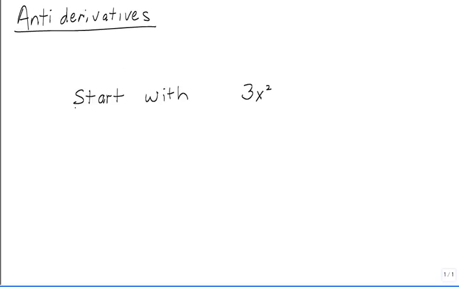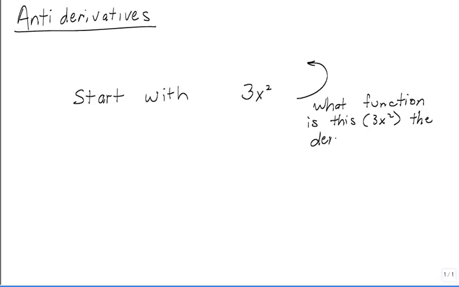So the question is, if I start with something like 3x squared as my function, what function is this 3x squared the derivative of? Okay, now how do we take a derivative?